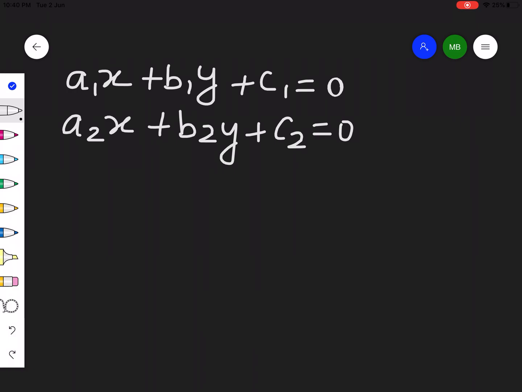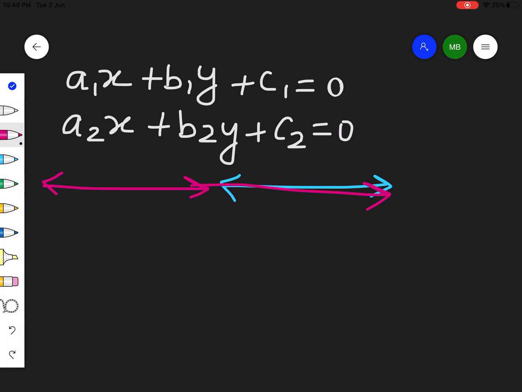If we ask what the possibilities are for two lines in a plane, some of you may say that the two lines can be this, that is, when you extend them, these are coincident lines.